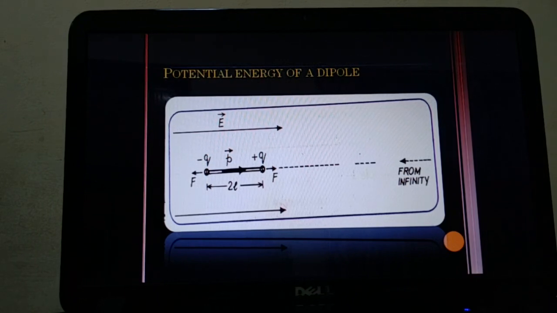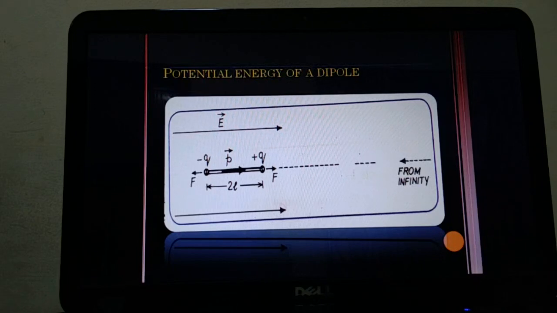Okay, if you are bringing both the charges to the same point where plus q is placed, the total work required will be 0, because for bringing the plus q charge you have to do positive work, and to bring the minus q charge you have to do negative work. So when you add the two, it will get cancelled. So to bring the minus q charge to an extra distance 2L, you have to do extra work.